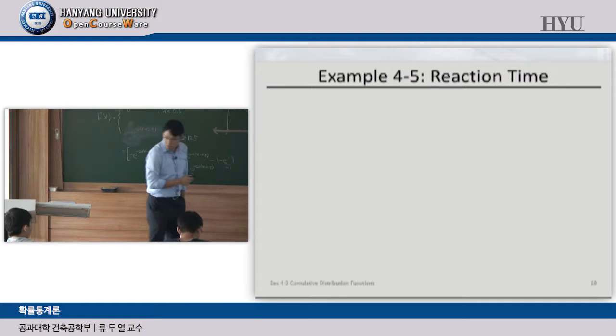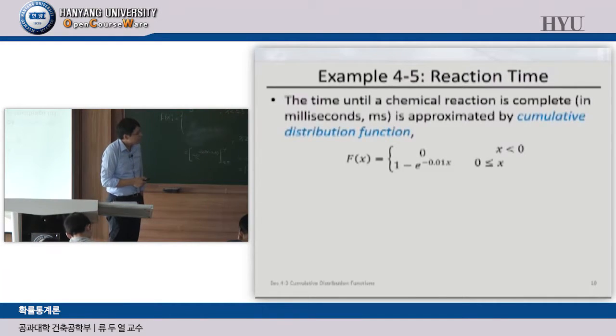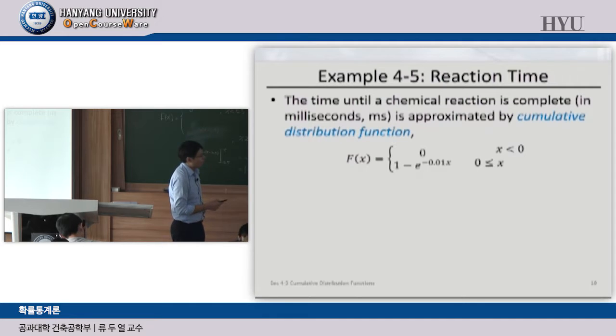And this is the example. The time until a chemical reaction is complete, in milliseconds, is approximated by the cumulative distribution function as shown here, okay? The cumulative distribution function is equal to 0 when x is smaller than 0, and it is equal to 1 minus e to the minus 0.01x when x is larger than or equal to 0.